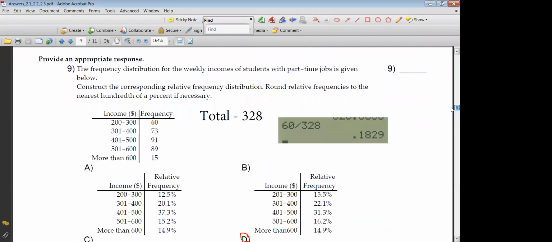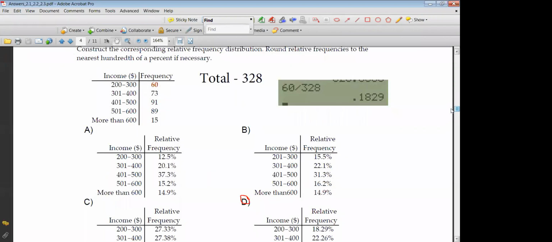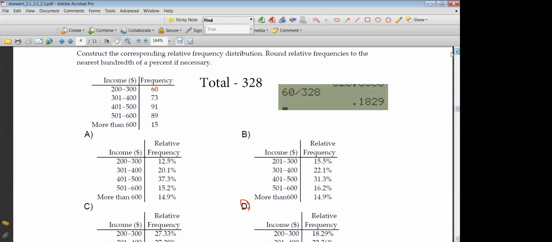Number 9, you get this frequency distribution, and it says construct a corresponding relative frequency. Relative means it's some sort of decimal, which could be changed into a percentage. Here is the key. When you're presented with a problem that wants relative frequency, you need to know the total of the frequencies.